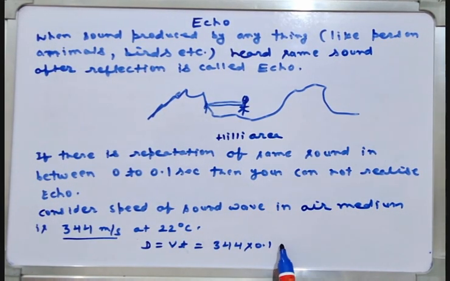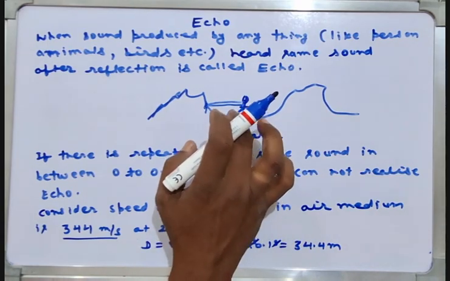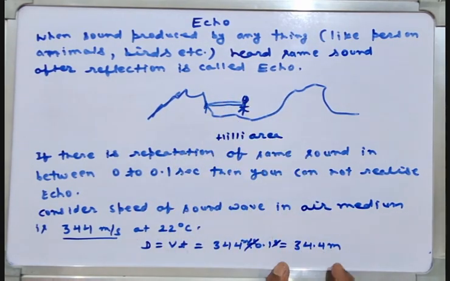So this will give total distance 34.4 meter. This is meter per second and this is second, so second cancels, so this is meter. So you see here to here total distance is 34.4 meter.